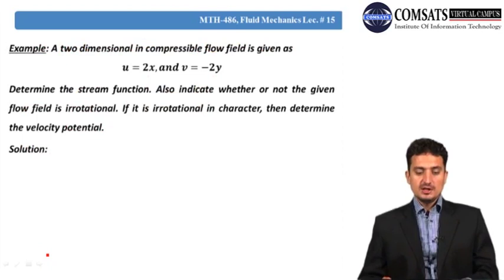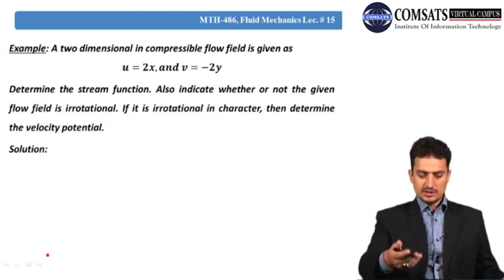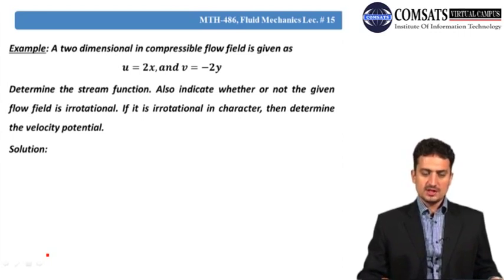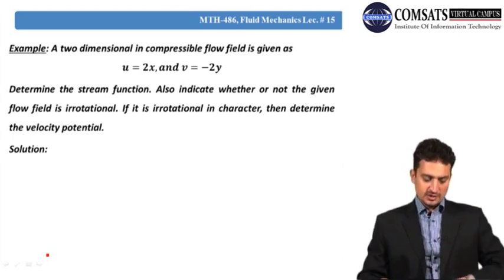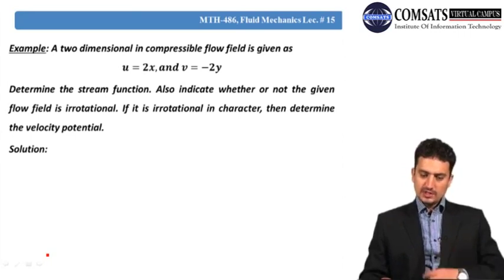Now going towards the next problem or the next word problem, which states that a two-dimensional incompressible flow field is given as u is equal to 2x and v is equal to minus 2y. Determine the stream function. Also indicate whether or not the given velocity field is irrotational.